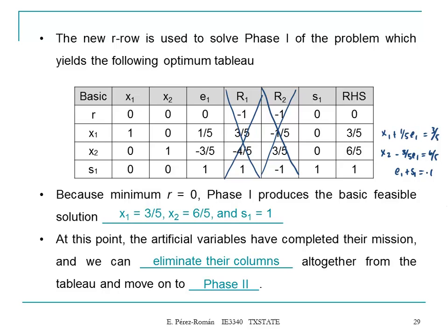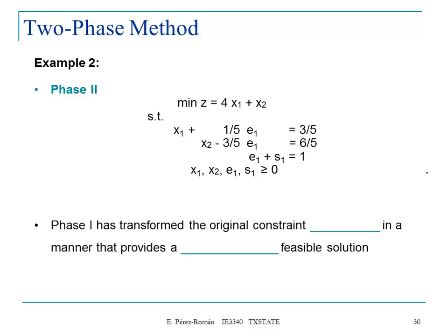So we are using this optimal tableau from phase 1 to build the initial solution for phase 2. The problem is going to use the coefficients, delete these 2 columns, use the coefficients and build the new constraints for phase 2. Here they are.